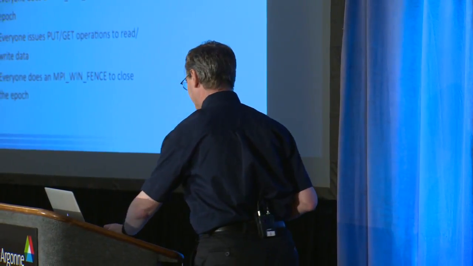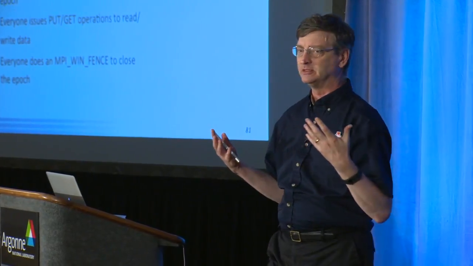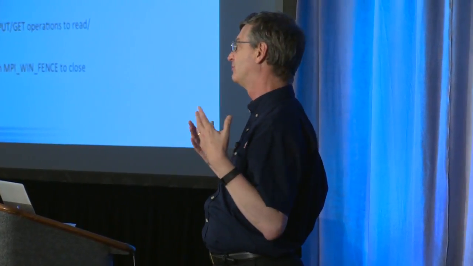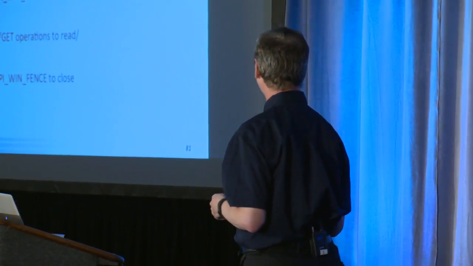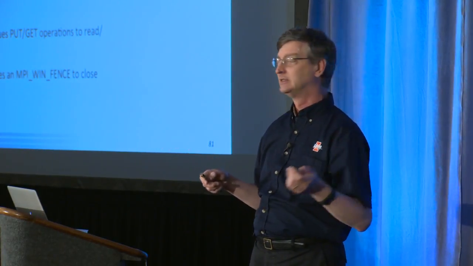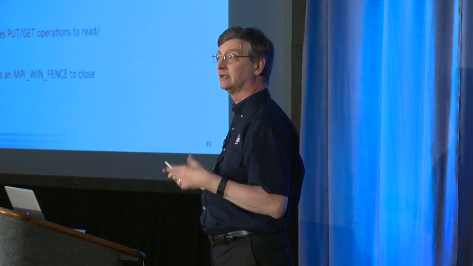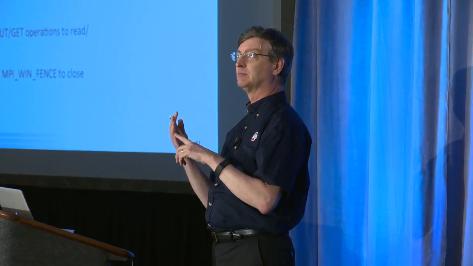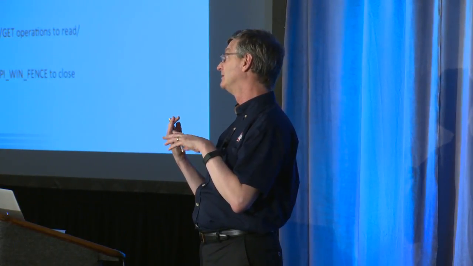One of the places where this model is very appropriate is with our Halo exchange. So what you would do is you do a fence, you do a bunch of puts for the Halo exchange, you then do another fence, and at the end of that fence, the processes that did the put know that that non-blocking operation has completed.